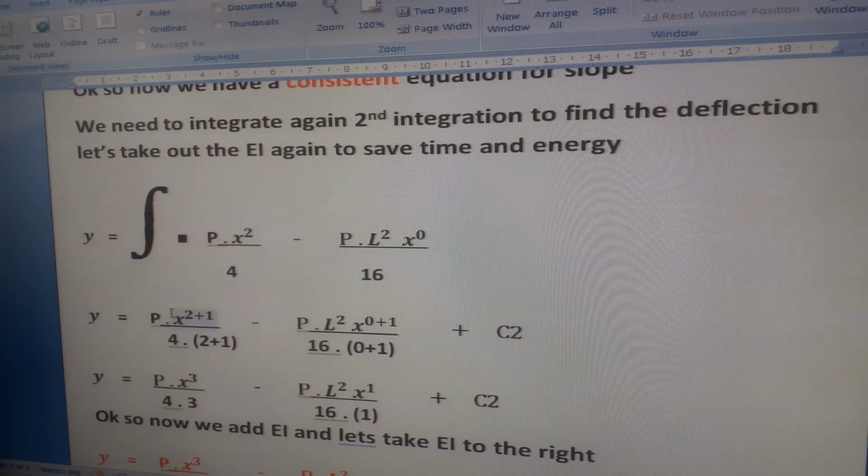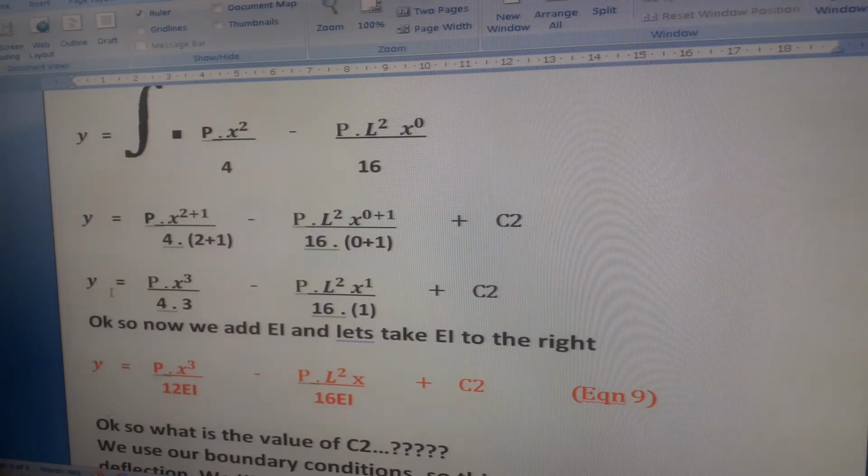y is equal to Px to the power of 2 plus 1 divided by 4 times 2 plus 1, minus PL squared times x to the power of 0 plus 1 divided by 16 times 0 plus 1, plus C2, which is the second integration constant. Therefore y equals Px cubed divided by 4 times 3, minus PL squared x to the power of 1 over 16 times 1, plus C2.